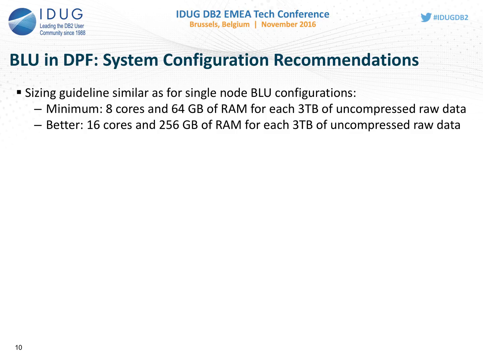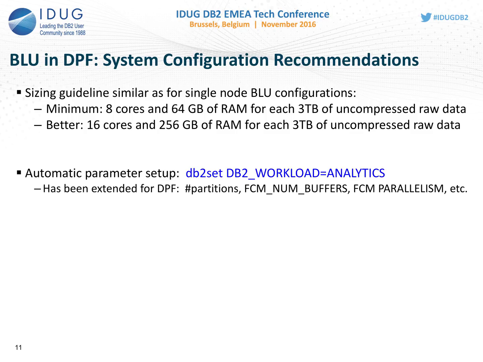To help you with the system configuration, we have this registry variable DB2_WORKLOAD that you can set to ANALYTICS. For example, if you do that before you define a new database, then the database will automatically pick certain configuration parameters to give you a good starting configuration for BLU.